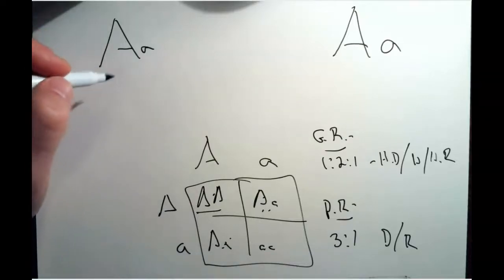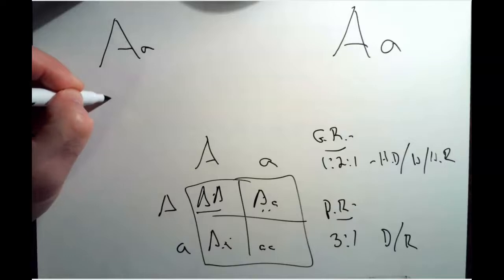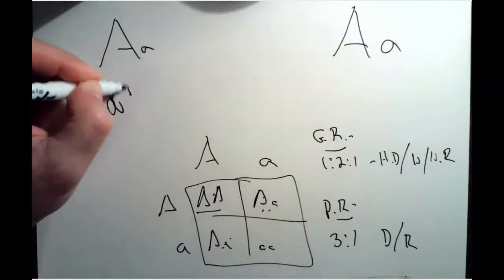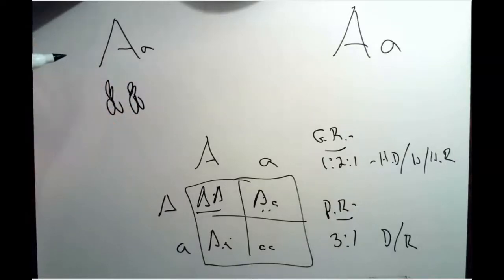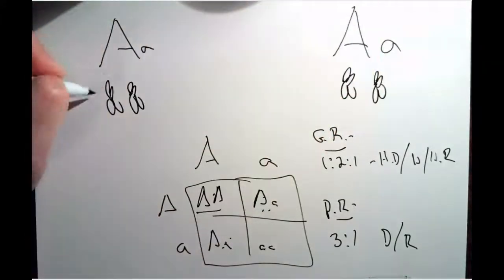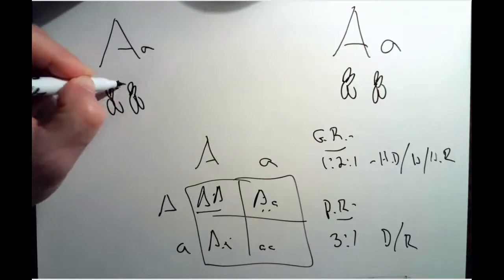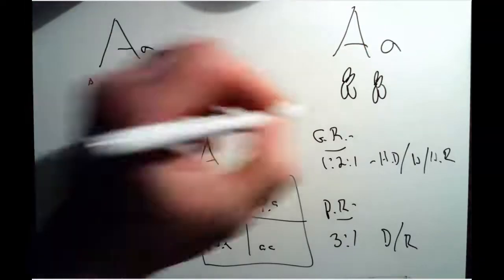If we go at this from a meiosis point of view, I'm going to capture these cells in metaphase 1. These are sister chromatids, so they're going to be identical. And this is the homologous pair.